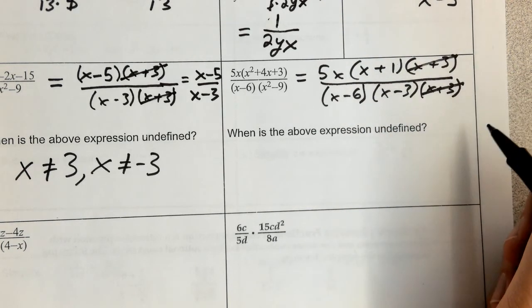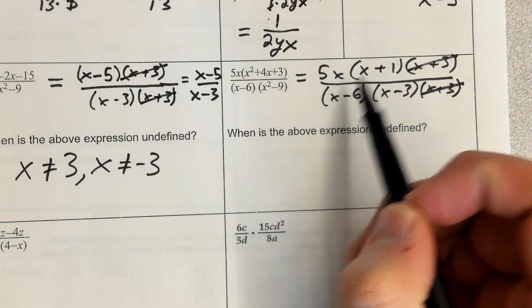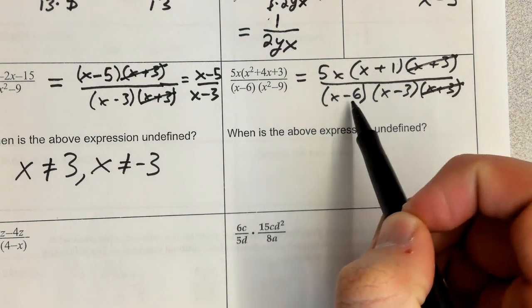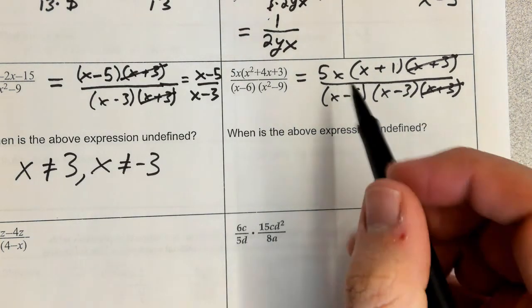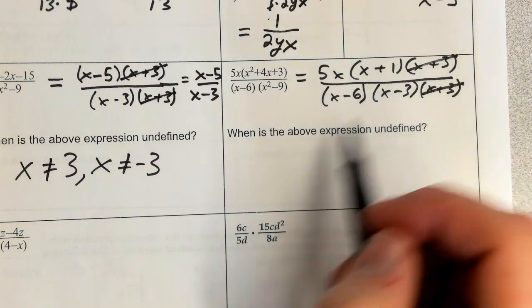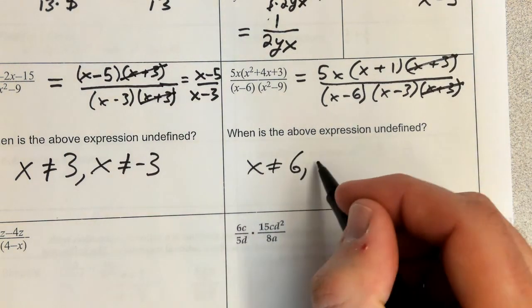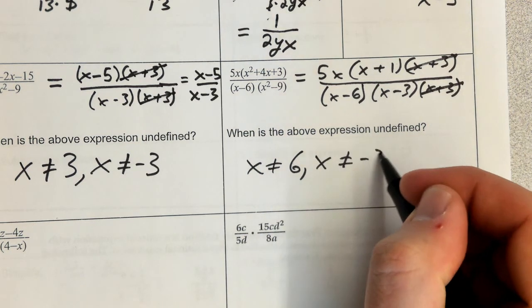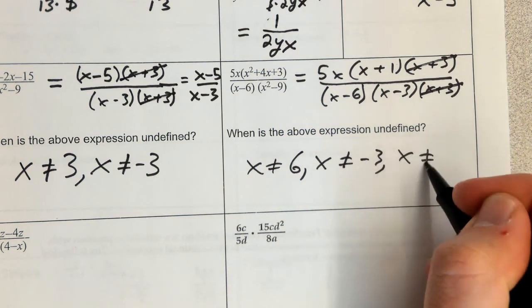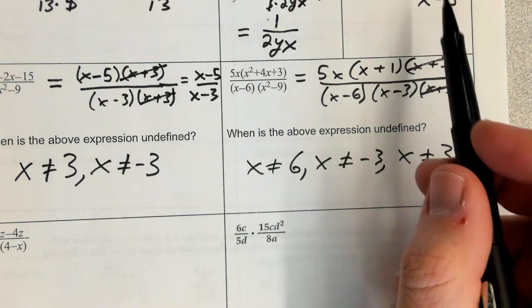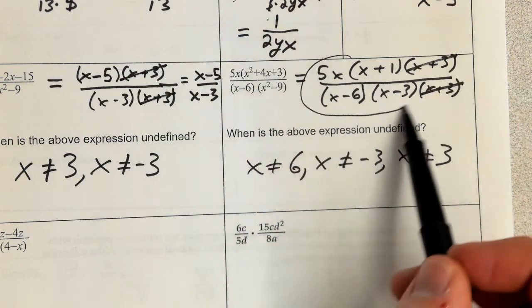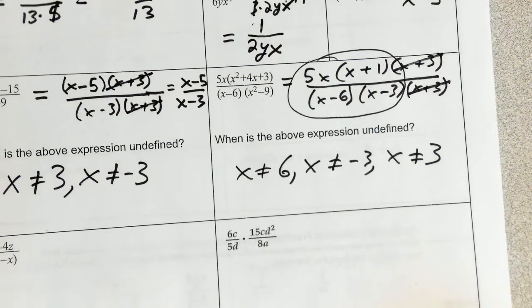Those simplify to 1. I've got 5x, x plus 1, and x minus 6, and x minus 3. Nothing else changes, so that's all I end up with. It is undefined when x can't be 6, x can't be negative 3, and x can't be 3. Okay, I ran out of space, but this will be your final simplified answer there.